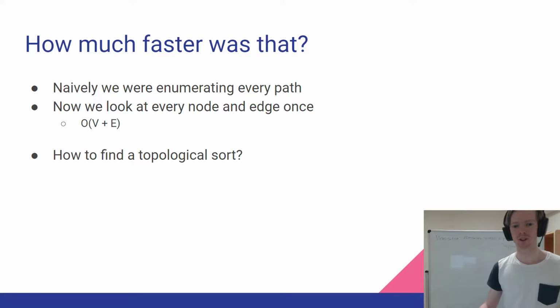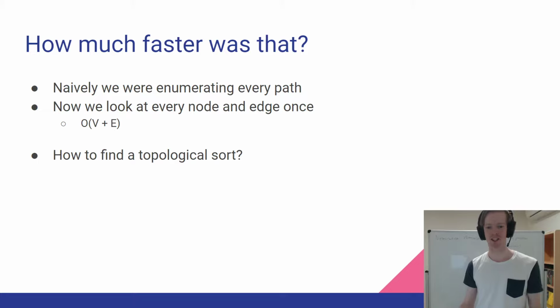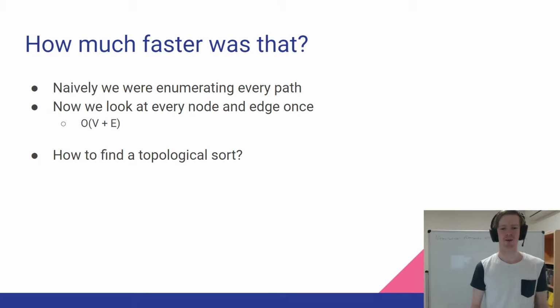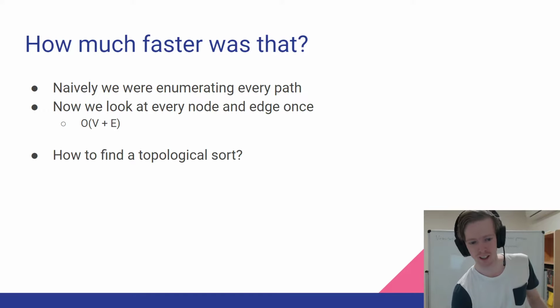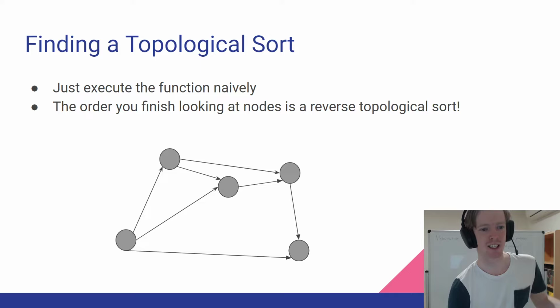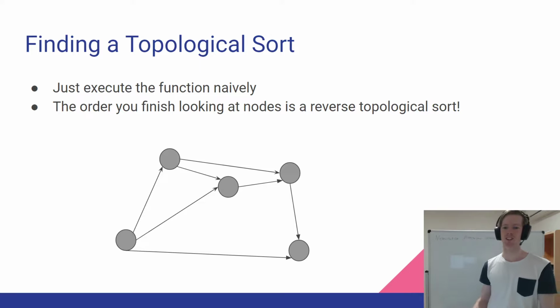Cool. So this is all good fun, but in order to do this, we had to have a topological sort, and we had to reverse that topological sort. So how do we actually do this? Well, naively, we can actually just execute the function. If we execute this recursive function, the way recursion works is it builds a stack, and so as you travel down that stack, you get to the bottom before you're actually computing values.